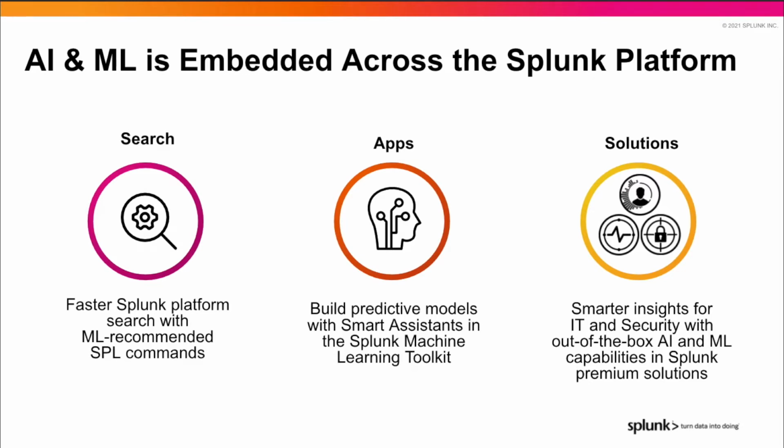Alongside these apps and platform capabilities, we of course have a number of premium applications like Enterprise Security or IT Service Intelligence that come with pre-packaged machine learning for specific use cases. When we look at ES, for example, there are a number of detection searches in there that can help you find anomalies to discover particular threats.